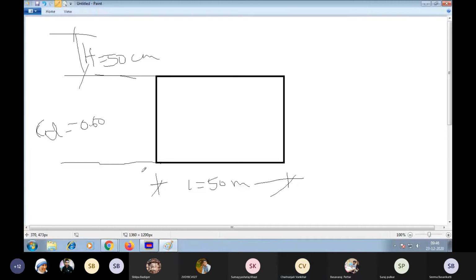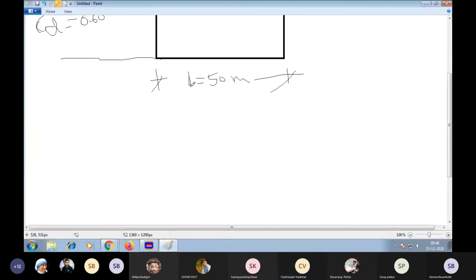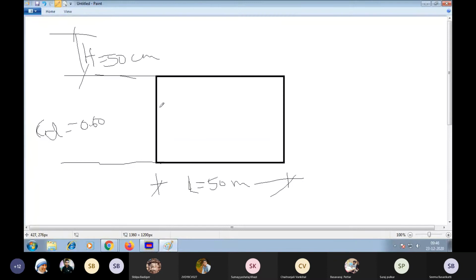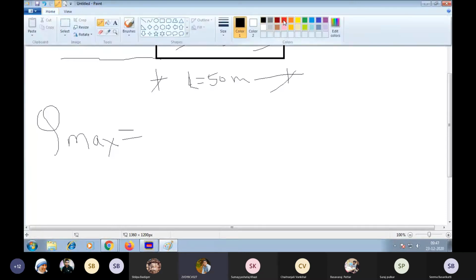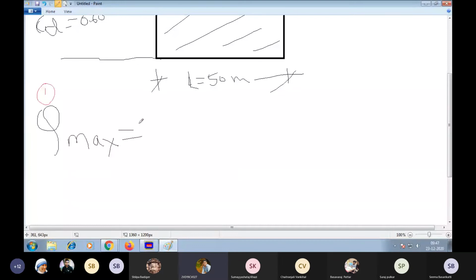What do you need to identify here? Find the maximum discharge. What is the equation for maximum discharge? Q is equal to 1.705 into CD into L into H raised to 3 by 2.